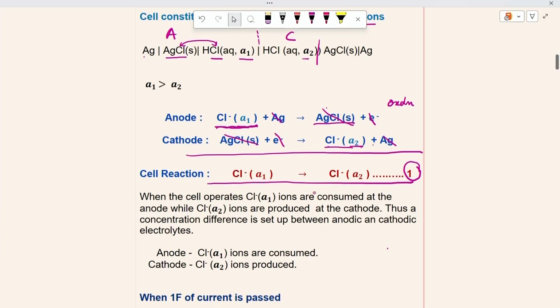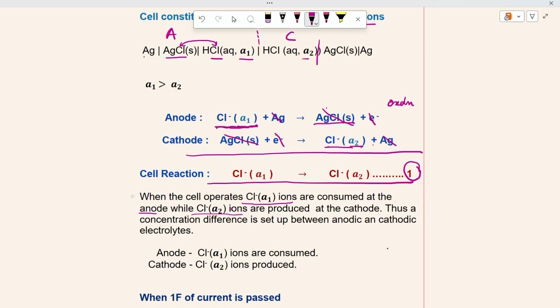Okay. Now, here we can see that chloride ions are being consumed at the anode, and at the cathodic compartment you have the chloride ions being generated. So, when a cell is operating, Cl minus ions are consumed at the anode while Cl minus ions are produced at the cathode.